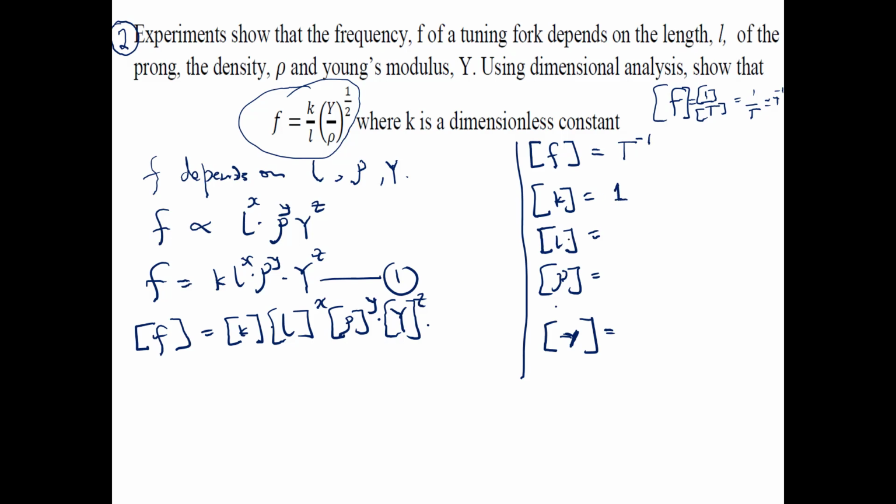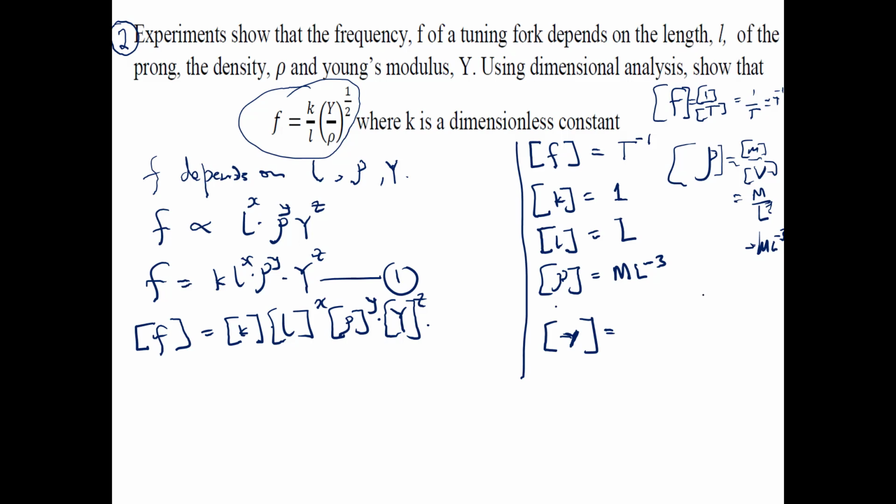It's dimensionless. L is the length, so its dimension is capital L. Rho is the density. Density is equal to mass over volume. So the dimension of density is equal to the dimension of mass over the dimension of volume, which is M over L cubed. So this is the same as M L power negative 3.